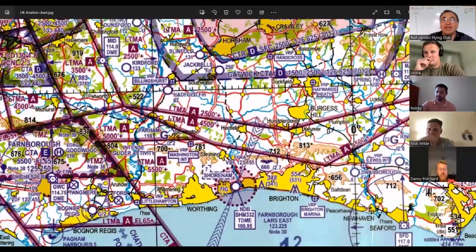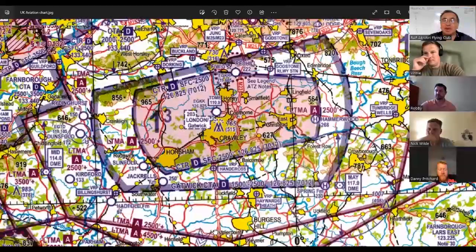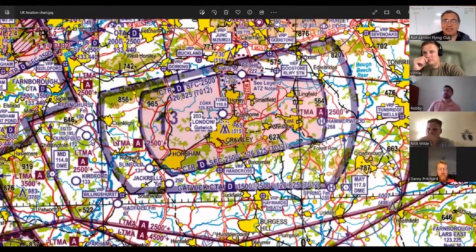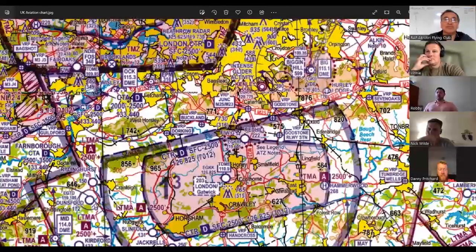You've got Gatwick, you'll notice, is Class D, which is quite remarkable. In actual fact, you can fly through the Gatwick zone and you can fly over the top of Gatwick relatively easily in a light aircraft if you get the clearance and sound a bit like you know what you're doing on the radio. They'll give you a clearance right through the Gatwick zone. And you see it's Class D, so VFR flight is possible in the Gatwick zone. You just need to talk to them on the radio.